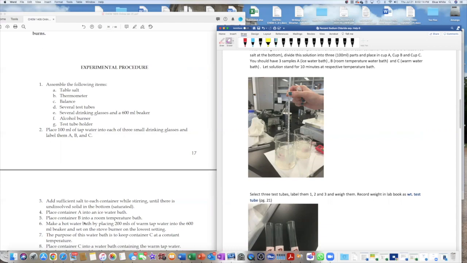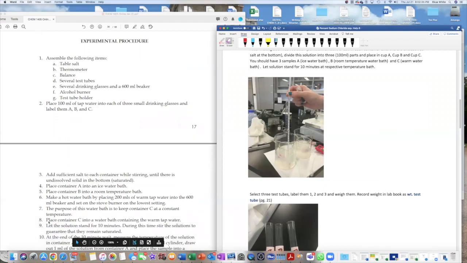The goal is to heat up the water to influence the temperature in here so it can influence the solubility, right? The purpose of this water bath is to keep container C at a constant temperature. So you want to keep it at the lowest setting on your stove burner and keep it at that temperature, okay?